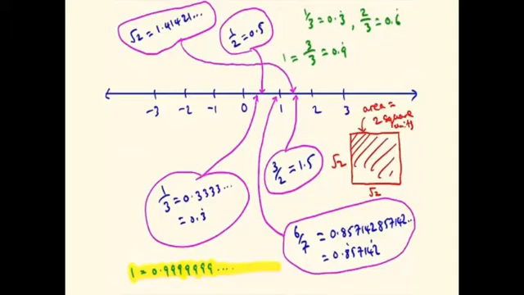Now there's another very important number on this line, a little bit more than 3. This number is called pi, and its decimal expansion is 3.14159 and so on.